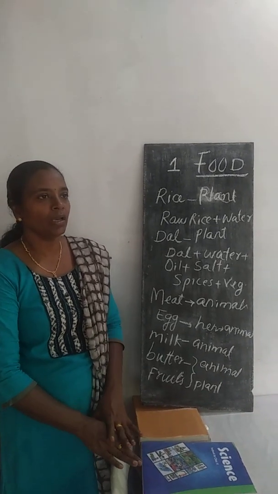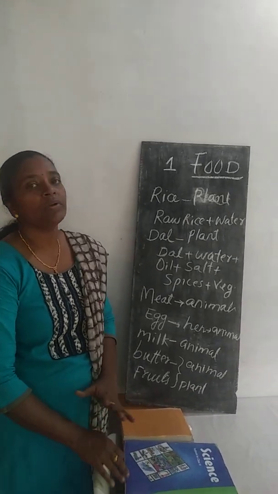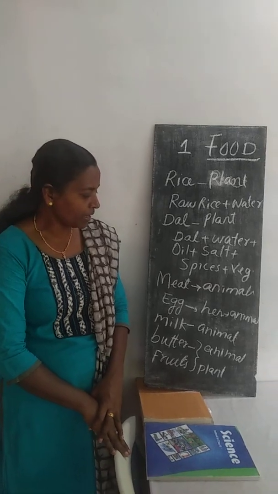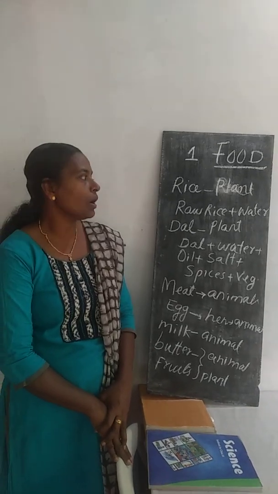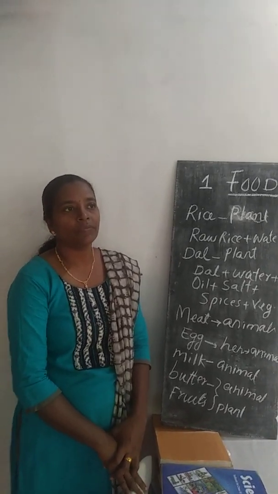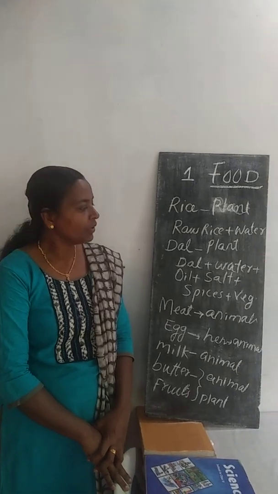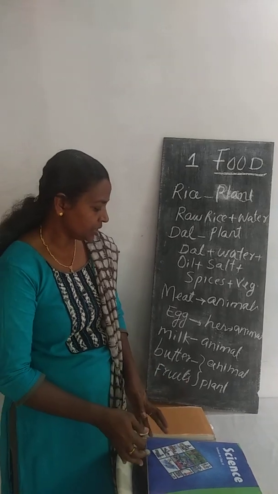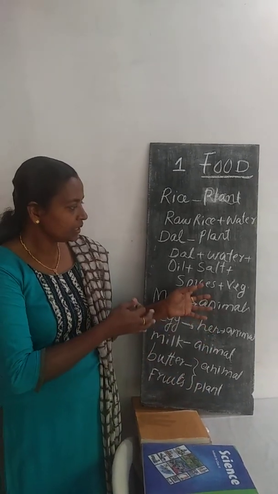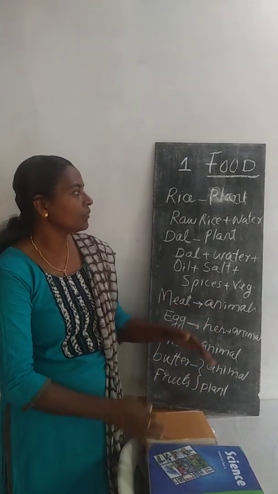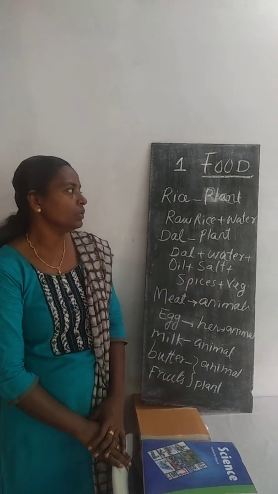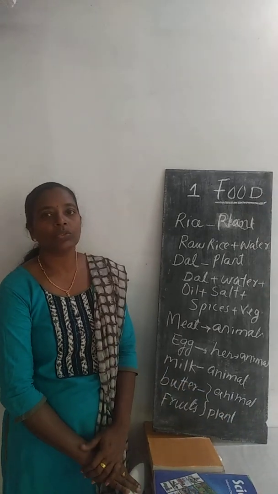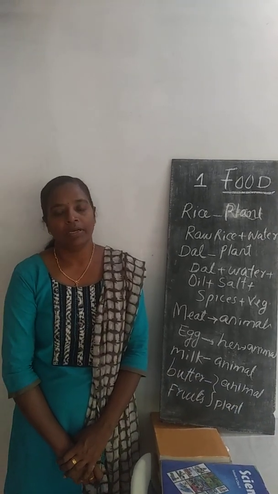We eat cereals, pulses, meat, fish. So we can divide the sources into 2, a plant and an animal. These 2 are the main sources of food.